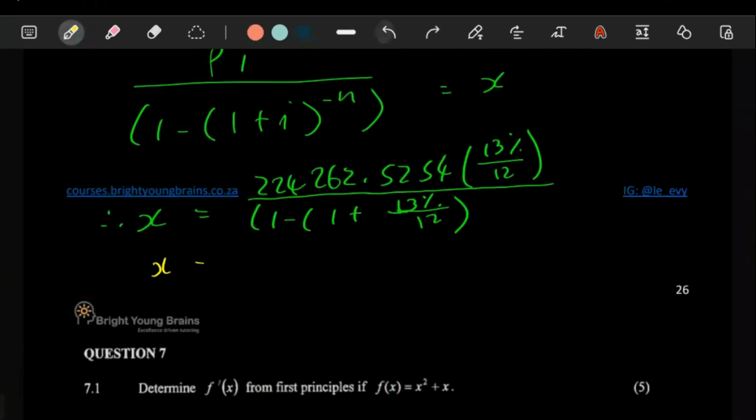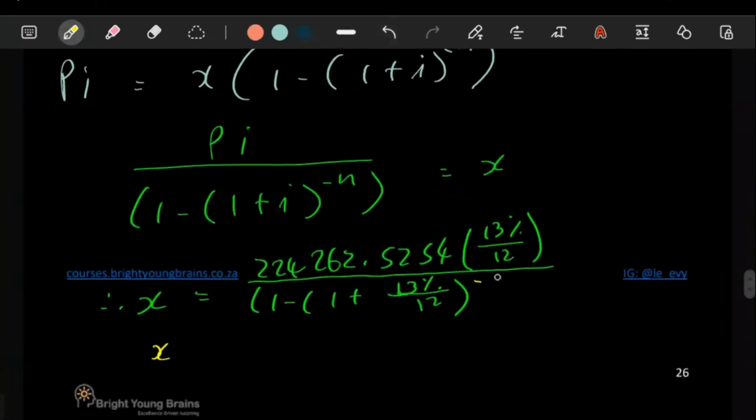So x is equal to this whole thing here, to the power of negative 67. So everything looks all good. Let's just throw it into the calculator and see what it comes out as. 224,262 point, this big bracket. Inside the bracket we have 13 shift percent over 12.